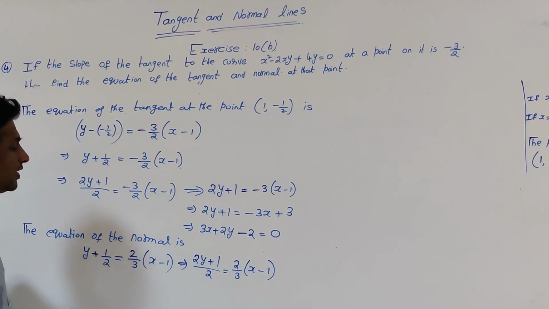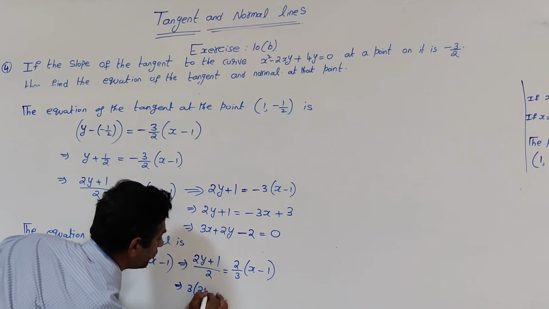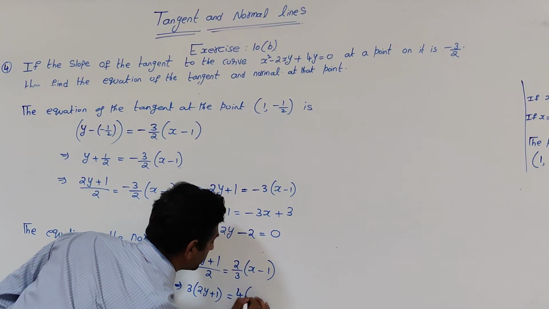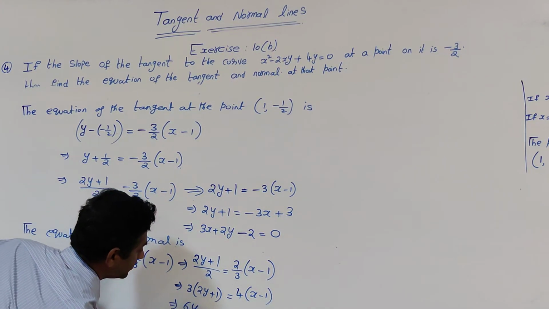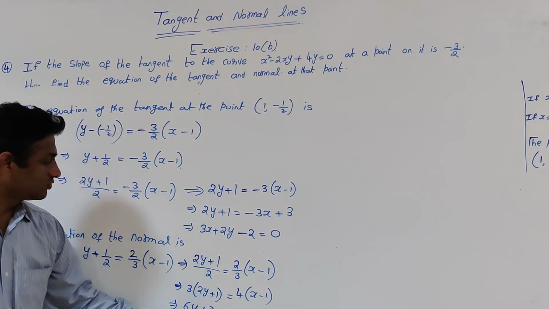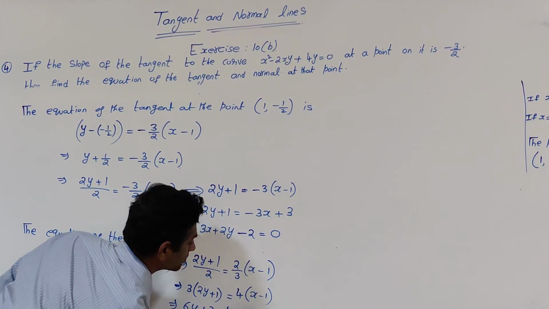So take the cross product: 3(2y + 1) = 2 times 2(x - 1), that is 4(x - 1). 6y + 3, since 3 into 2y is 6y and 3 into 1 is 3, equals 4x - 4.